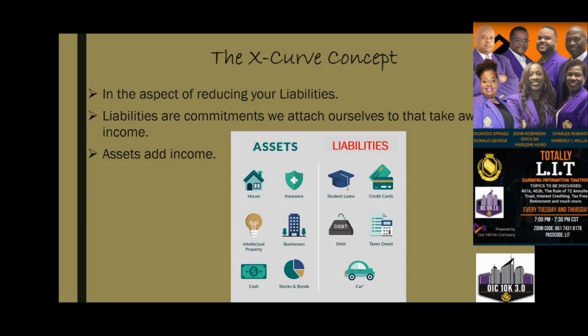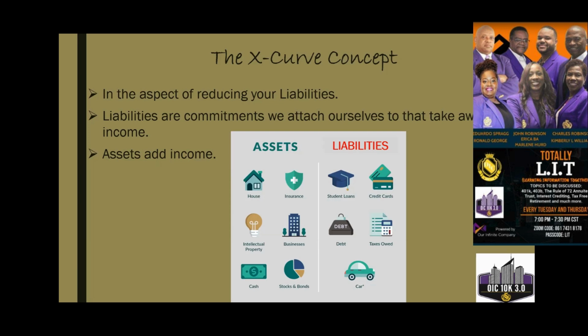This is reducing your liabilities. Remember, liabilities take away money from the home. That's credit cards, student loans, debt, maybe tax you owe, and even car payments. Although we do use our car sometimes if you need it to get back and forth from work, but assets bring money and add income.